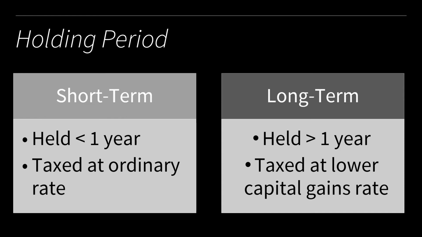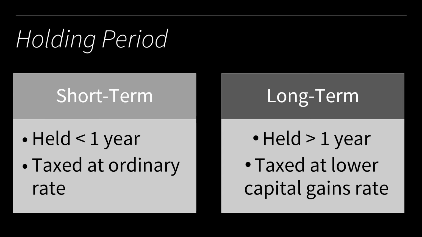Another thing that we need to talk about with regard to the sale of assets is holding period. The holding period is how long the taxpayer owned this piece of property or asset. And so there is short-term property and long-term property.